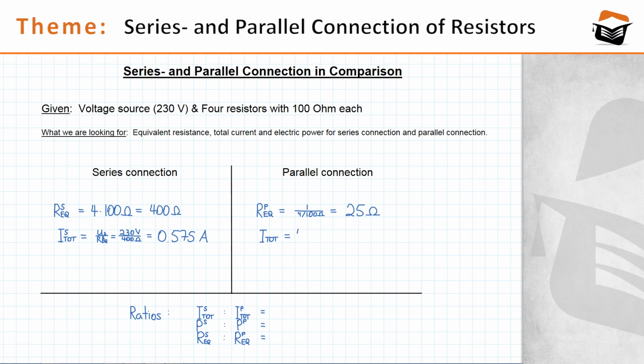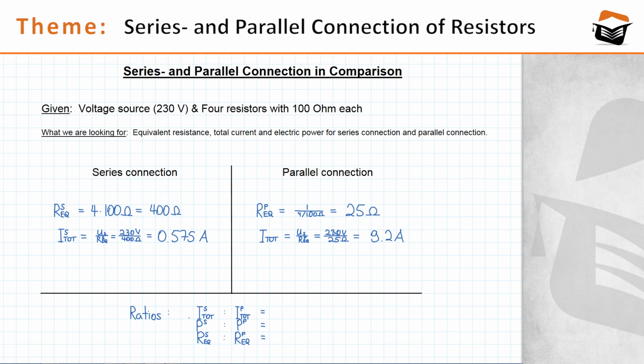And as I said, the formula is the same. Voltage source divided by the equivalent resistance, and that's going to be 230 volts divided by 25 ohms this time, and that gives us 9.2 amps. Again, quite a big difference between the currents.